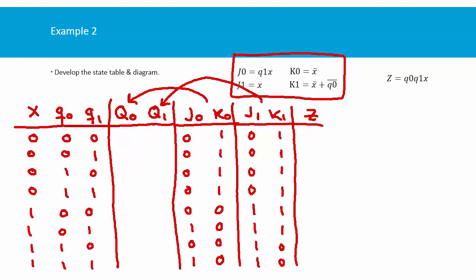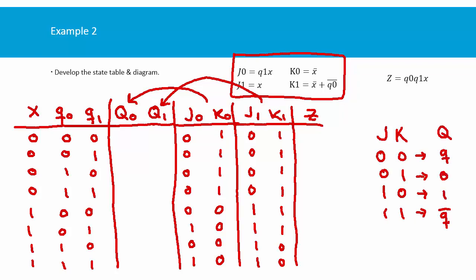In order to know how they're going to behave, we need to remember the behavior of the JK flip-flop. So this is the behavior of the JK flip-flop. We're going to see where we have those combinations. For example, here we have combination 0, 0. When we have 0, 0, it means that Q is going to remain. So Q0 is going to be the same as Q0 with small caps.